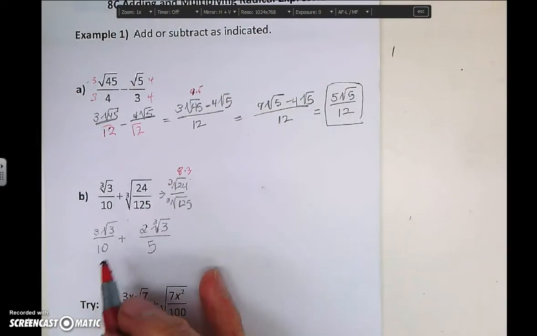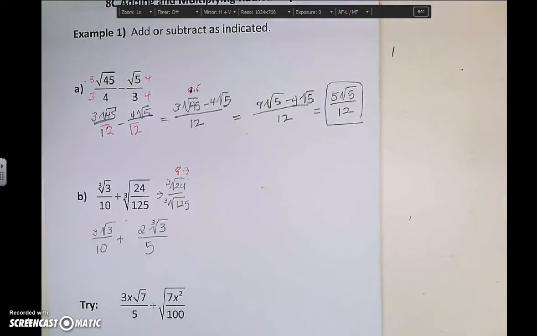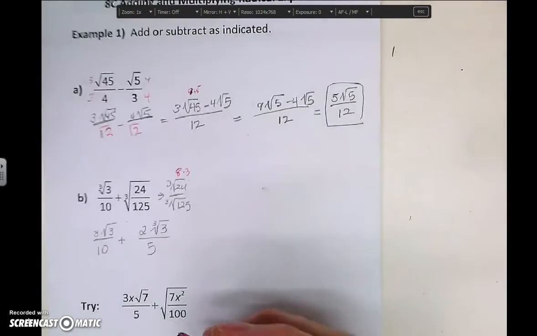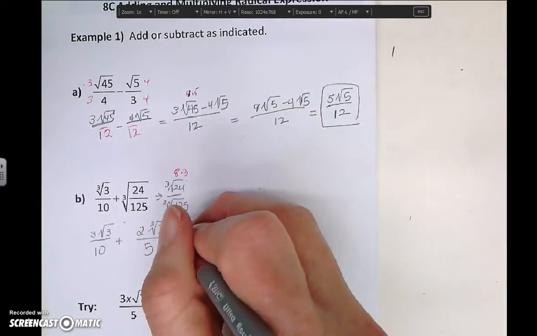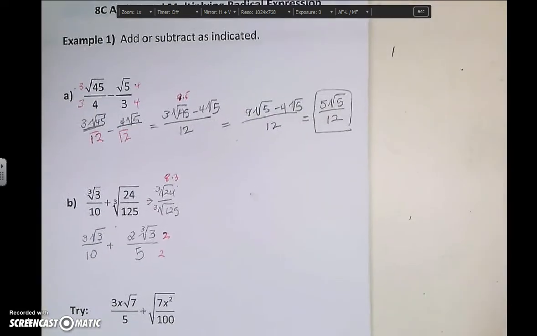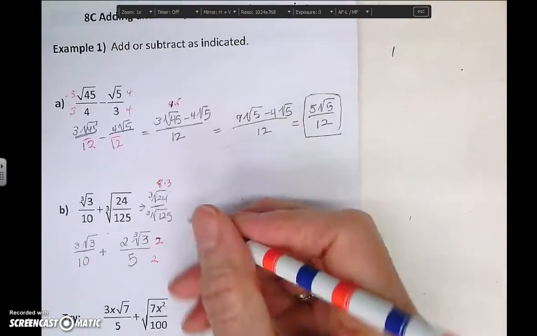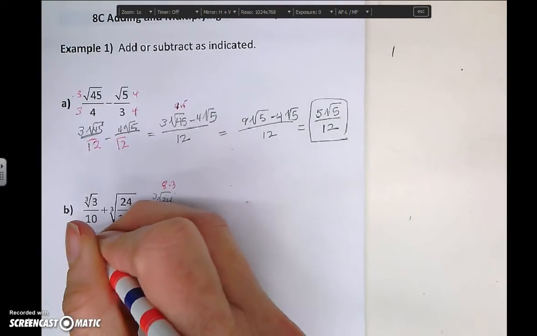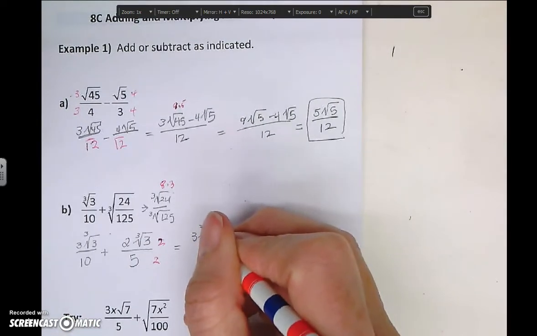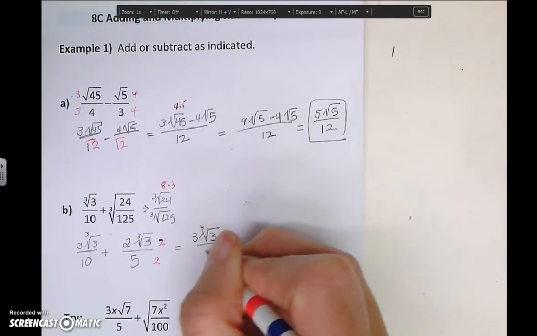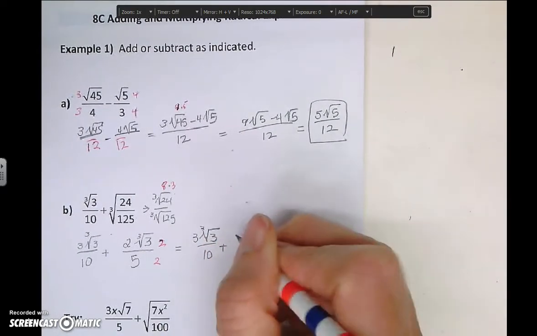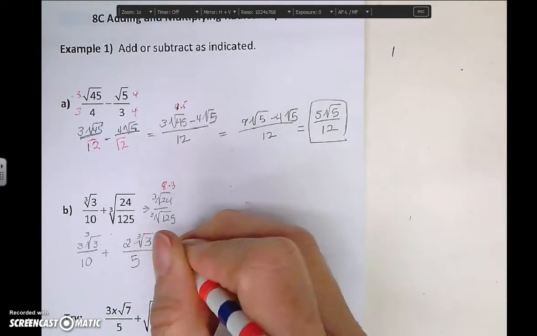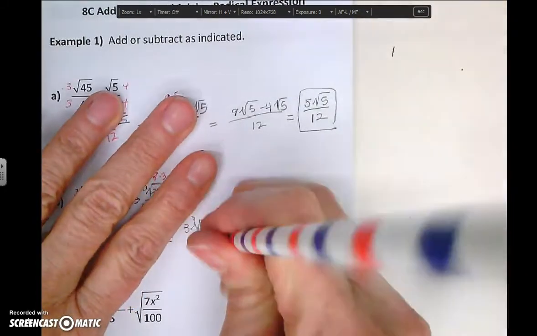Now I'm ready to do my addition of my fractions, and I'm going to need a common denominator of 10. So that means I'm going to multiply this one by 2 over 2. So I then will have 3 cube root of 3 over 10 plus, I'm going to do 2 times 2, so that's going to be a 4.